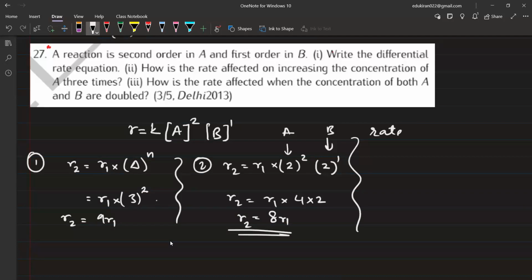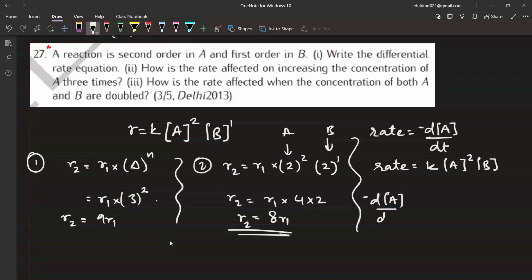Rate is equal to change in the concentration of A divided by change in time. And they have also said in this first statement that rate is equal to K into the concentration of A square into the concentration of B. So you just equate both of these. Sorry, this will be minus dA upon dt equal to K into the concentration of A square into the concentration of B.